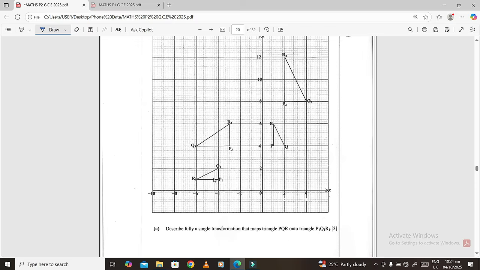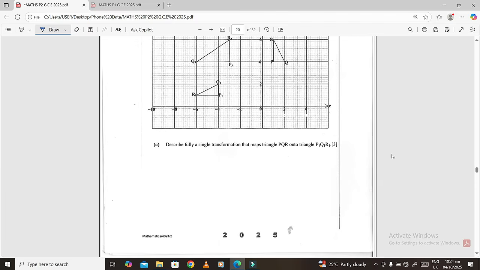So this to this, it's a rotation. Direction is anti-clockwise. Angle is 90 degrees, and center is 0, 0.